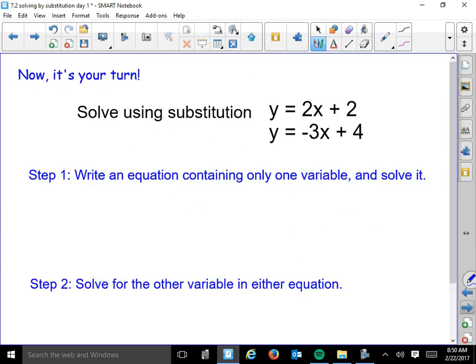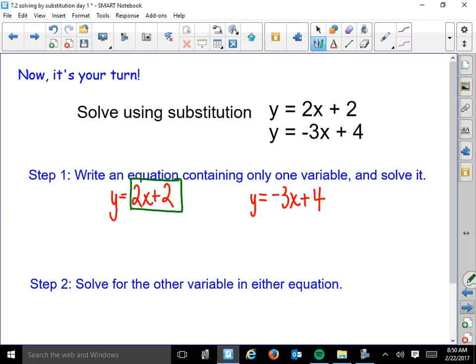All right, our last example for the day is the system y equals 2x plus 2 and y equals negative 3x plus 4. Again, as I'm looking at the two equations, they're both already solved for y. It doesn't matter which one I choose.